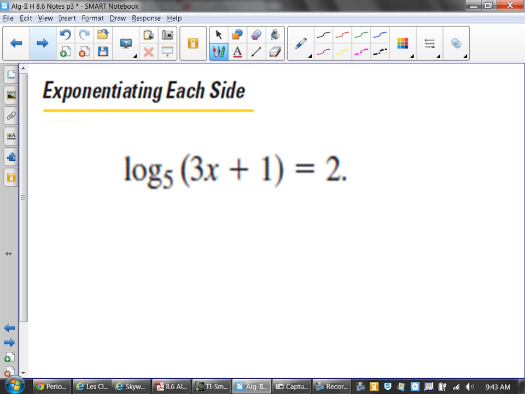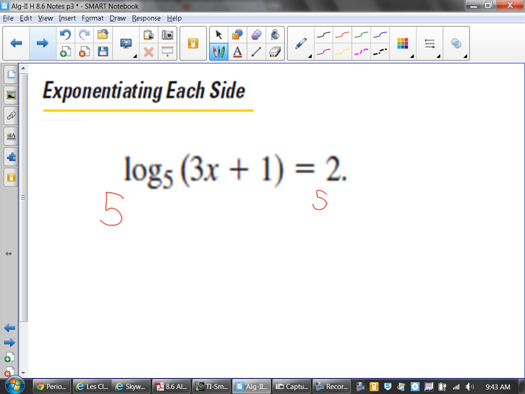What do I have to do here? I have to exponentiate it. This one's a little bit different. In order to get rid of this log here, this log has to become an exponent. Like that. Now that that log became the exponent, what happens to the 3x plus 1? It drops.